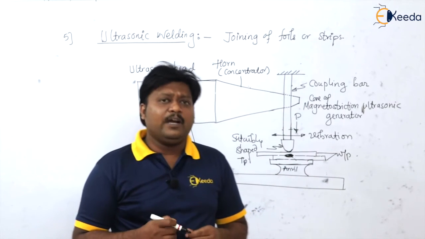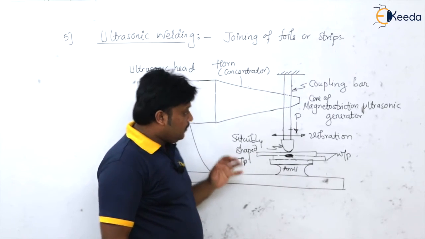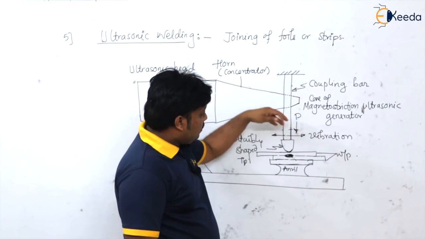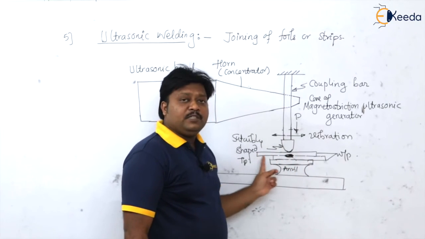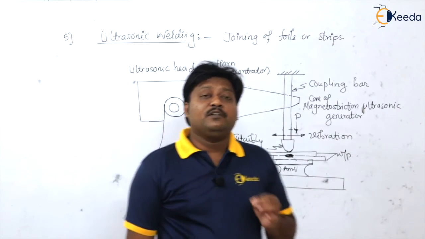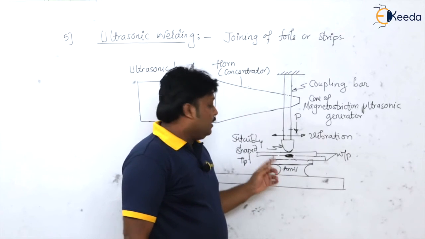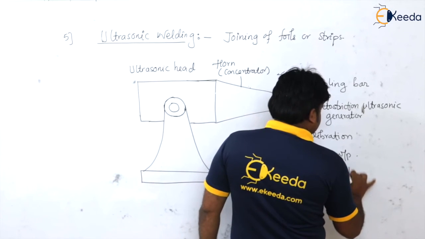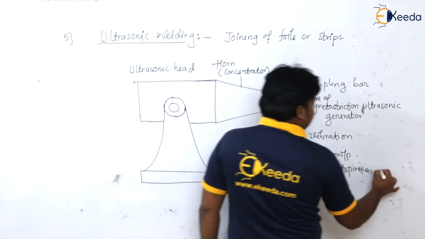So if you see how actually this weld is going to form, when this transverse pressure is applied by this coupling bar or tip of this bar, and also with the vibration, what happens? At the interface of these two workpieces there will be fracture or failure of the brittle oxide layer. And at the same time, the asperities at this interface are getting softened.